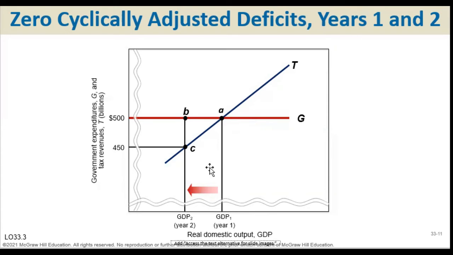But if there's a business cycle with a GDP2, what happened here is it remains zero because there's no change to the tax code or to this government spending. It remains the same and the tax is still the same.